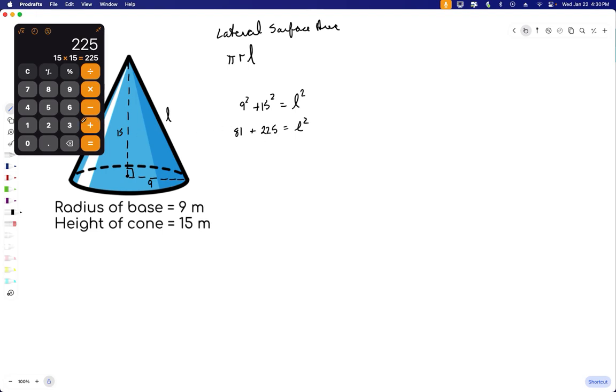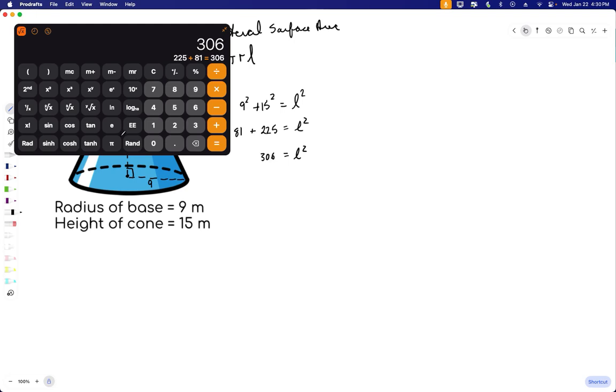When I add that to the 81, I get 306. So when I unsquare 306, let me get the square root of that, I get 17.49. Now you could round that to 17.5. I think that's what I'll do. I'll say 17.5 is equal to L, because we unsquared the whole thing, right?